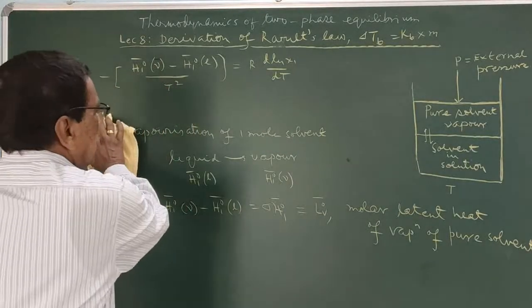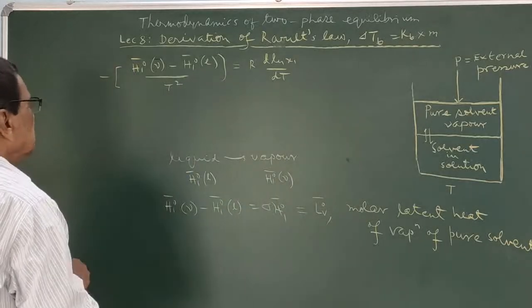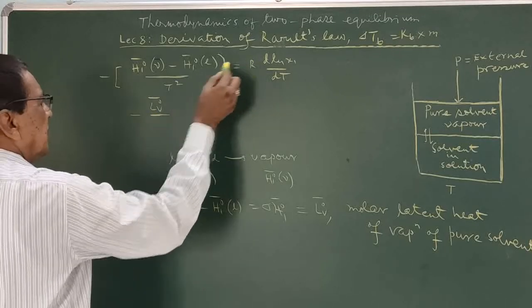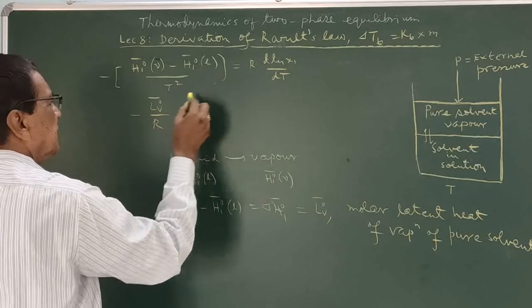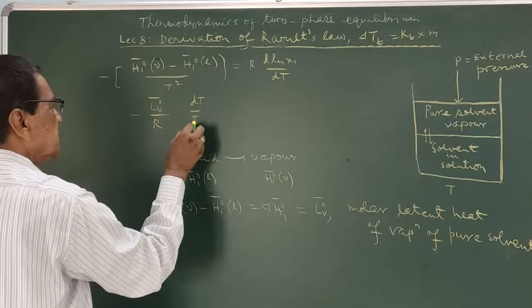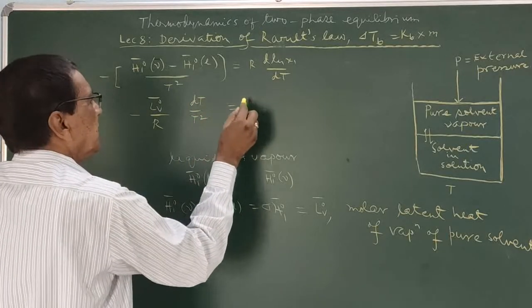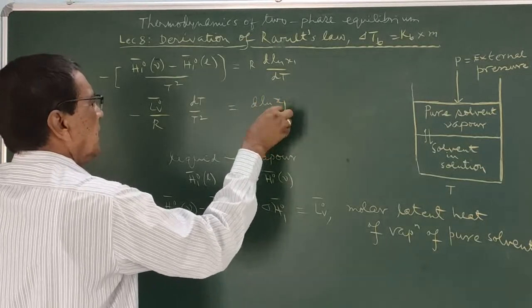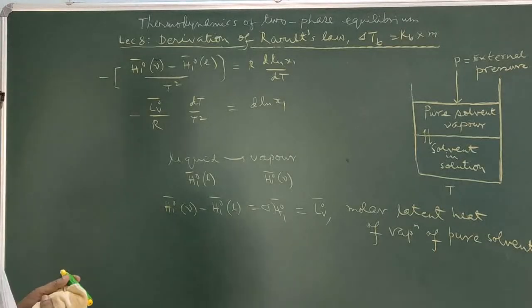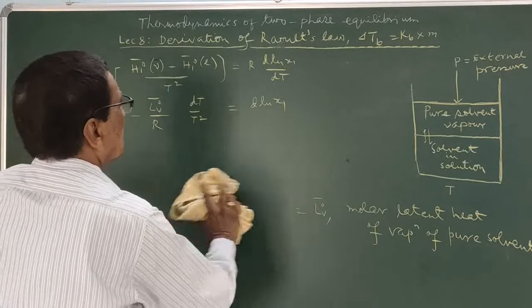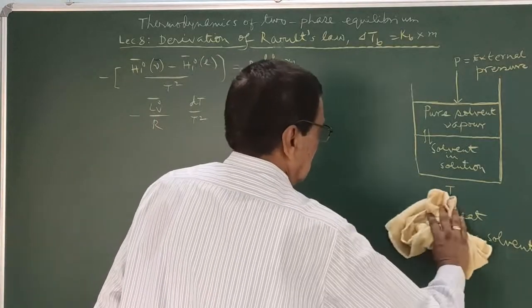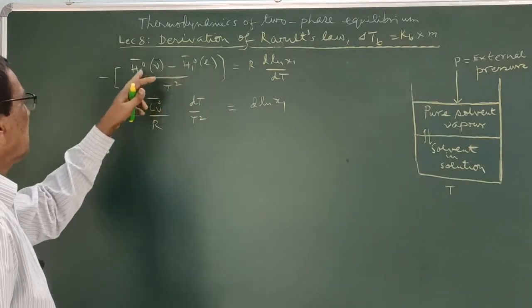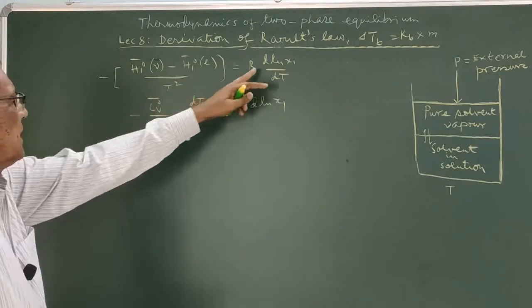Now instead of writing this, we can use minus LV naught bar, R coming here, and dT going there, and there is a T squared, and this is equal to d ln x1, dT coming here, T squared, and this one is LV naught bar divided by R here.